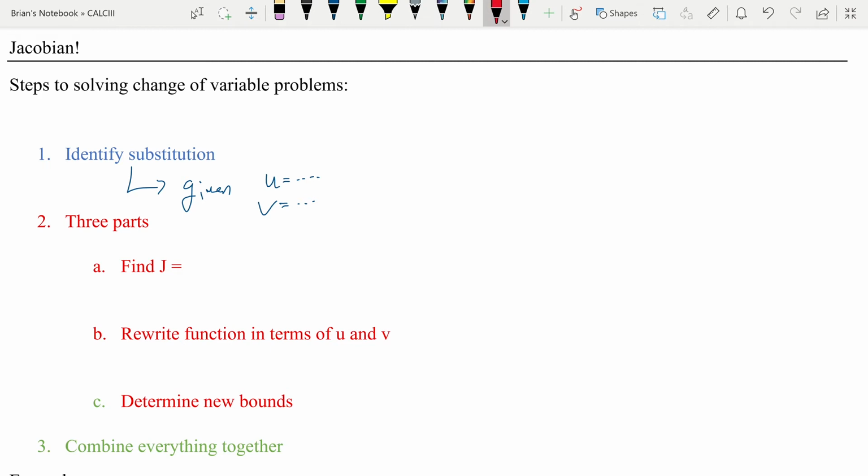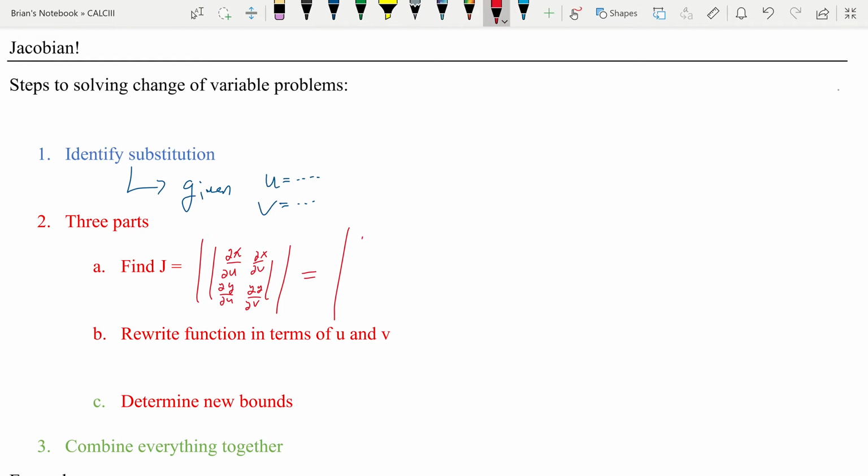Jacobians. So the Jacobian matrix, remember, is the absolute value of the determinant of, basically, ∂x/∂u, ∂x/∂v, ∂y/∂u, and ∂y/∂v.